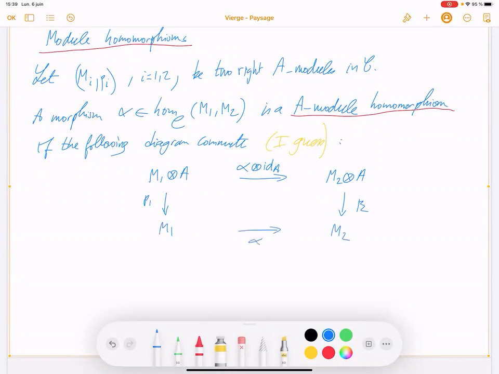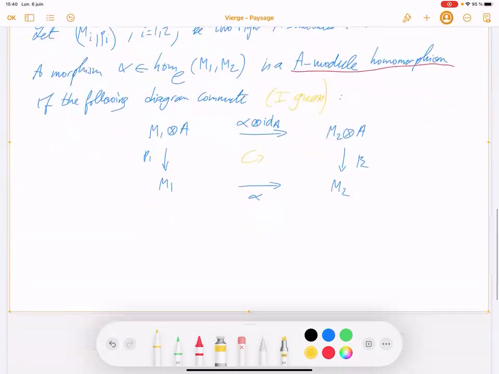And here you can apply again alpha. I guess that this is the only commuting diagram needed to define a module homomorphism.